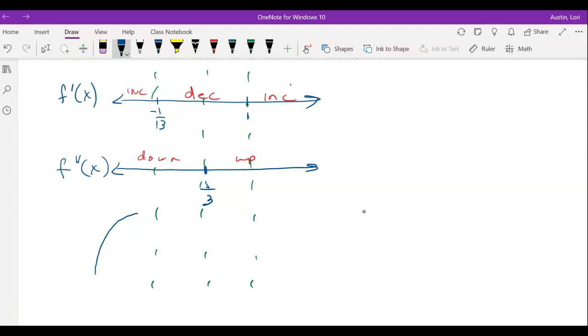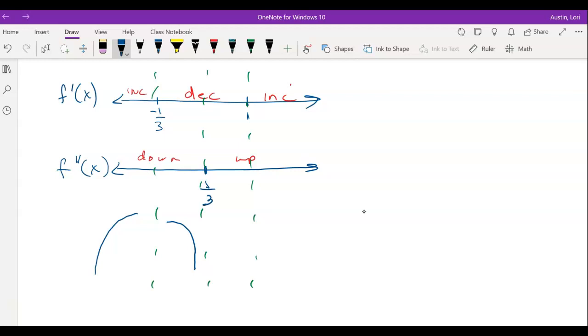All right, then I'm still concave down, but now I'm what? In this little interval here, between negative 1/3 and 1/3, what's happening? It's a decreasing function, but it's concave down, so it looks like that.